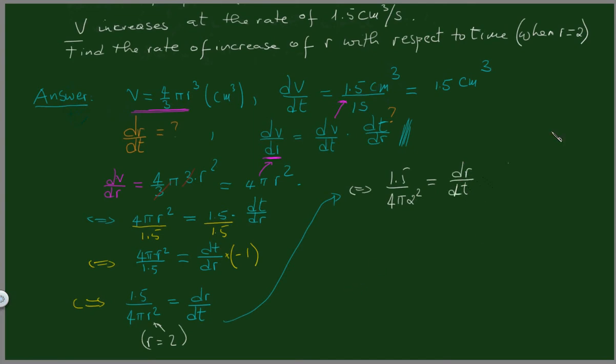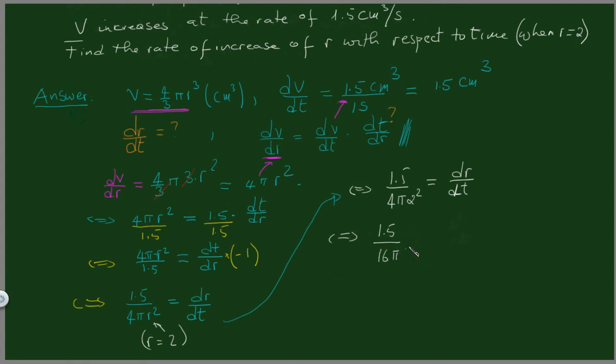Okay, and remember, if you write a 1.5, I'm going to put the unit behind, so as not to mess up everything. So here we have centimeter to the 2, then I have 4 pi, or let me put 16 pi already.